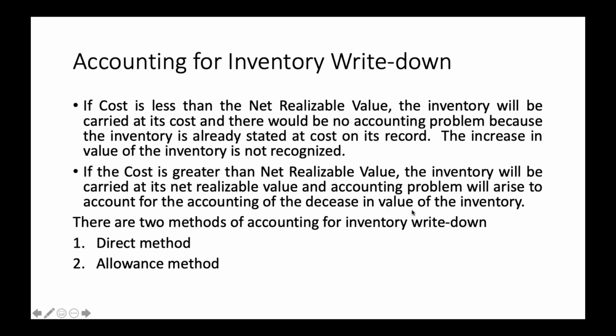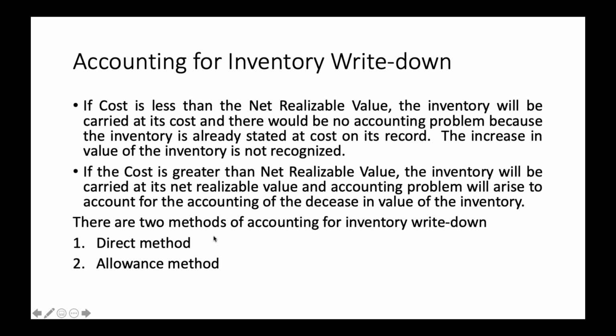Again, according to our PAS 2, we have to record or account our inventory at lower of cost or net realizable value. In short, whichever is lower. So if NRV is lower than the cost, we have to record it at NRV. And therefore, our inventory must be written down.